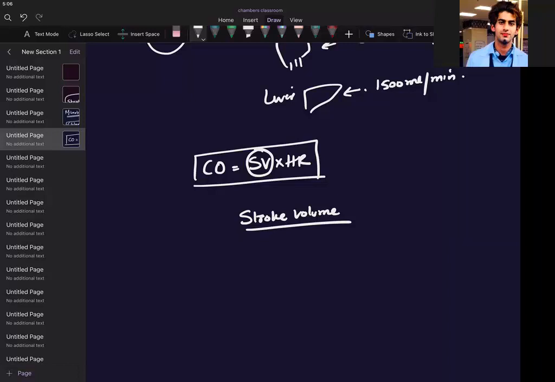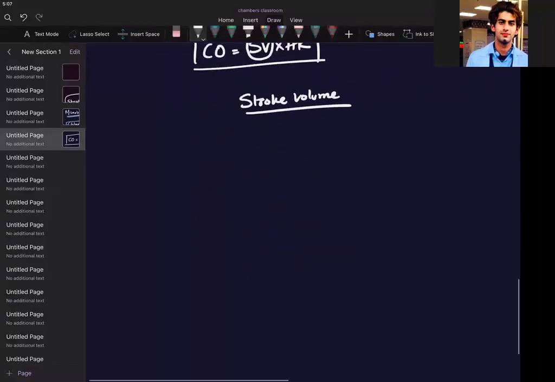So contractility, afterload, preload. This CAP should be remembered. Stroke volume is determined by 3 major factors: contractility, afterload, preload. Who will determine the stroke volume?